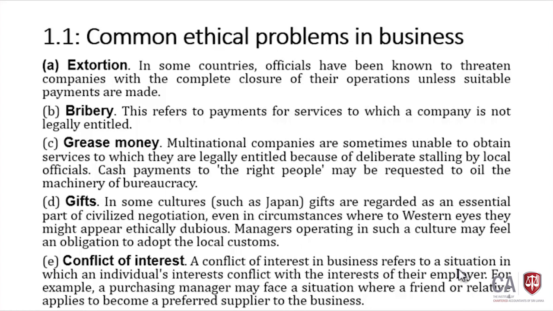Whether you give the bribe or not, your work will be done, but if you give a small bribe, your work will be expedited. That is the purpose of grease money. In certain countries, this is acceptable. A big amount is not involved here. Grease money.